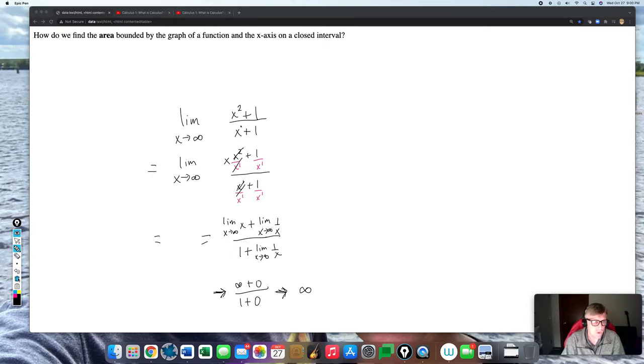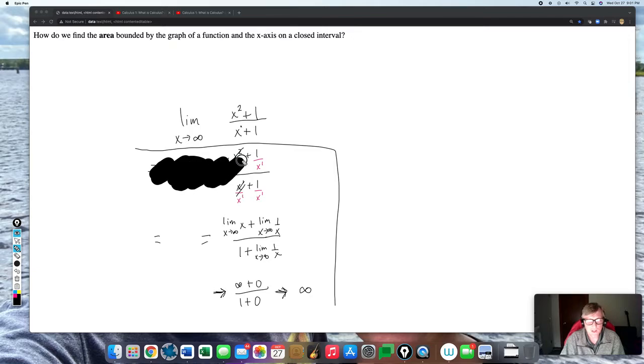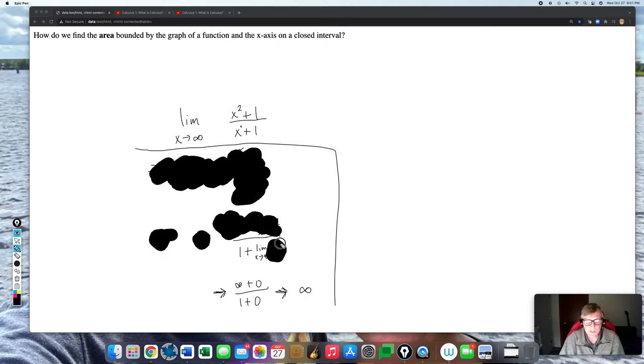So what if we did away with all this and we used L'Hopital's rule from last week? We can use L'Hopital's rule because the form infinity divided by infinity is an indeterminate form.